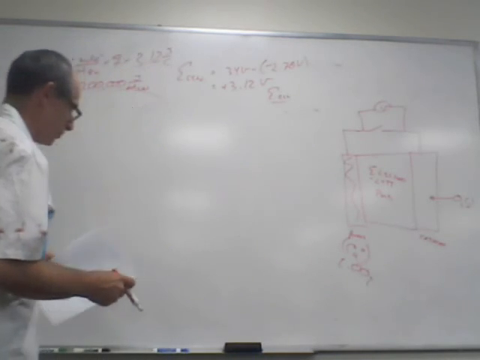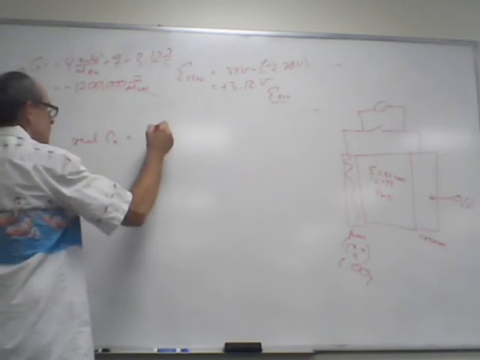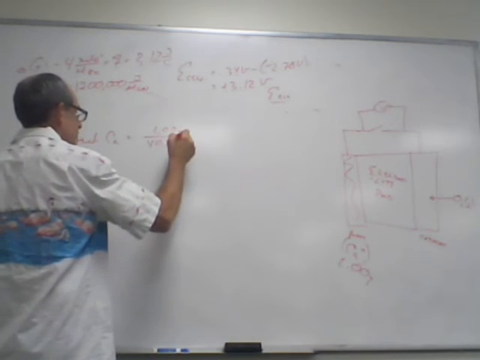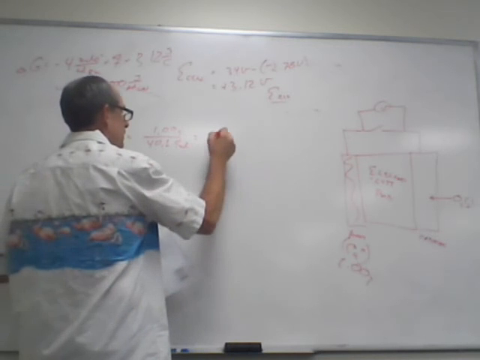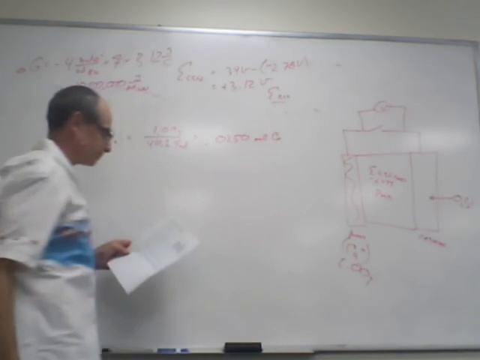Let's calculate our moles of calcium. Our moles of metallic calcium would be our 1 gram divided by the atomic mass of calcium, 40.1 grams per mole, which gives us 0.0250 moles of calcium.